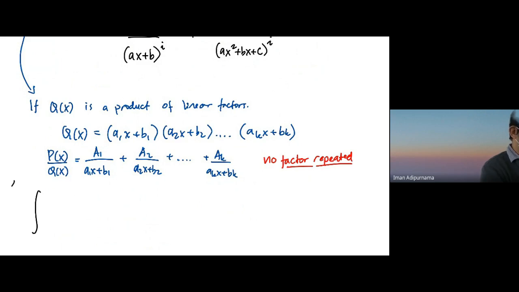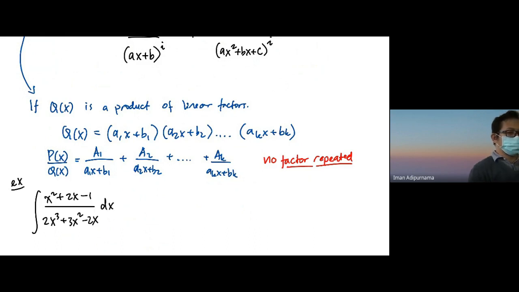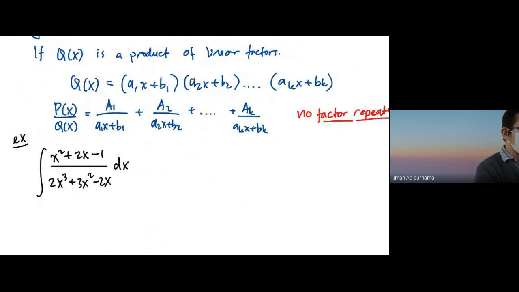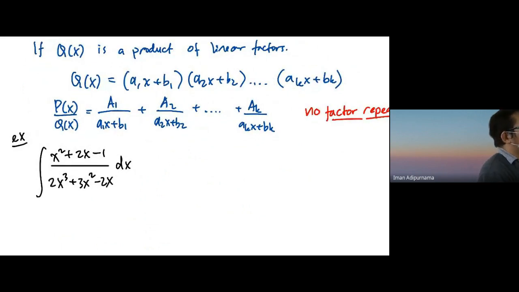So, for example, if you have the integral of x squared plus 2x minus 1 over 2x cubed plus 3x squared minus 2x dx. Now, first thing is we look at whether the denominator can be factorized or not, especially the bottom one here.